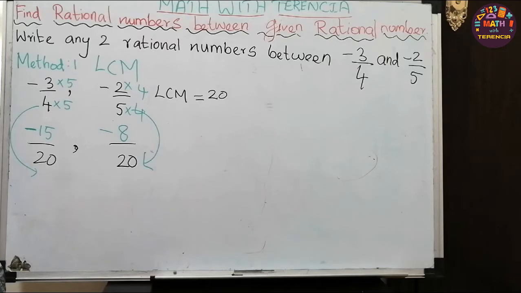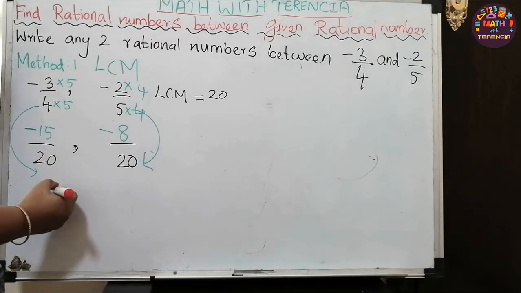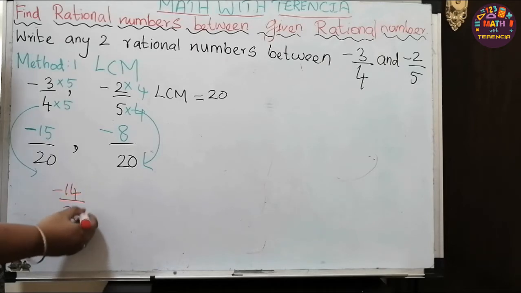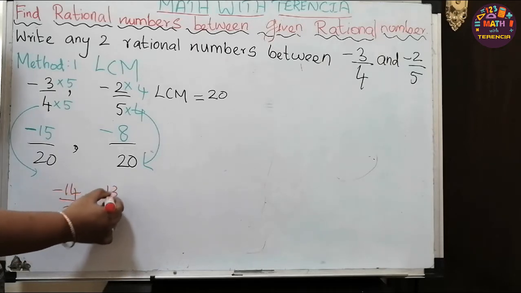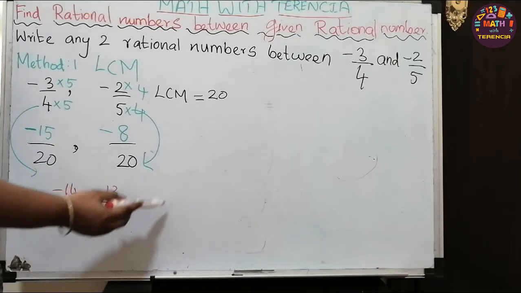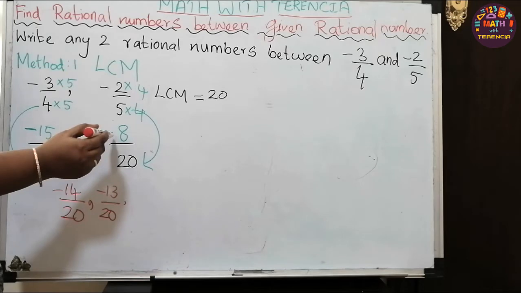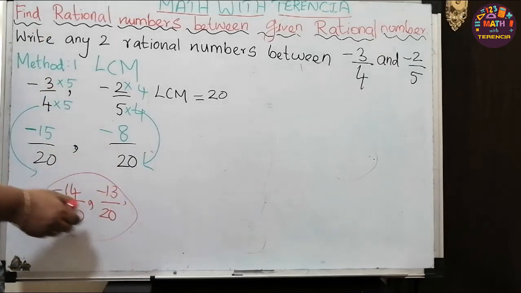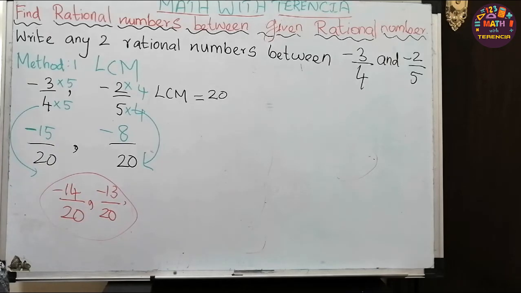It depends upon you. So I'm going to take minus 14 by 20, minus 13 by 20, and you will have minus 12 by 20, minus 11 by 20, till minus 8 by 20. You can write any 2 or 3 rational numbers, however many is asked in the question.